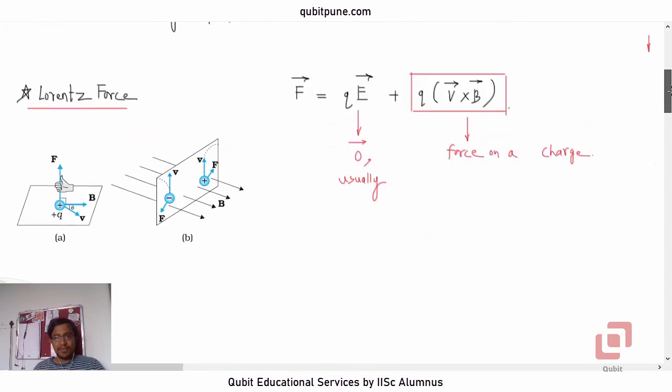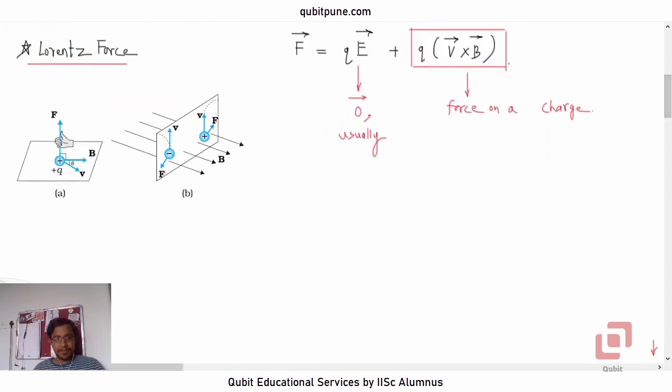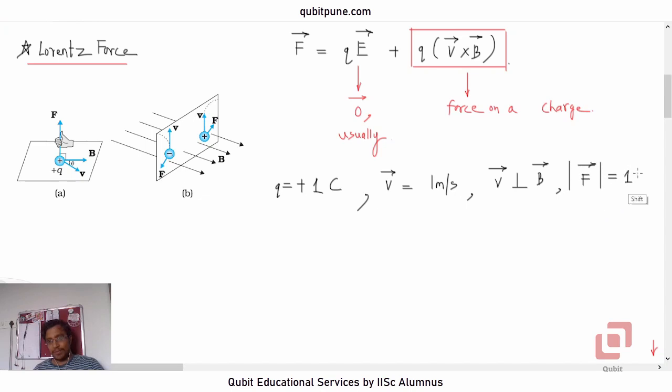So we consider a charge of 1 coulomb, moving with a speed of 1 meter per second, and its direction is such that the velocity is perpendicular to B bar.